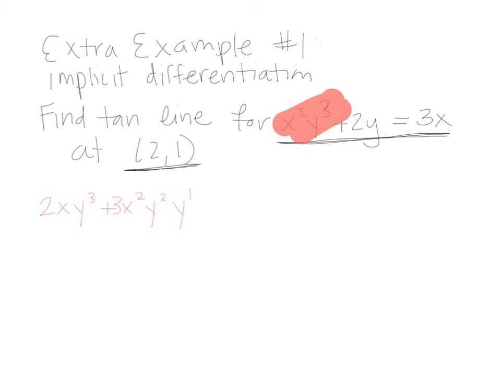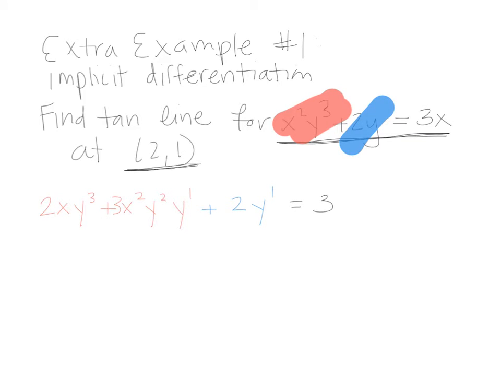Next up, I'm going to find the derivative of the 2y piece. So that's plus 2y prime, because the derivative of 2y is 2, and then I put y prime. And then the last piece is the derivative of 3x, and that's easy, that's just 3.